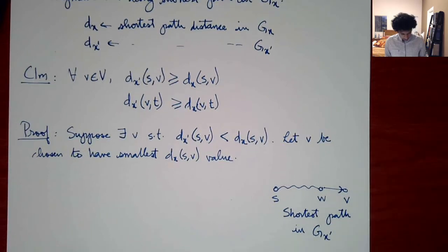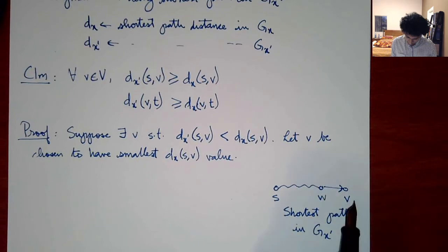So I'm just taking the shortest path in the residual network after doing the augmentation. Before the augmentation we had a picture, we did the augmentation, that gives the flow x prime, and we're looking at the shortest path to v. And so it goes through some vertex w. And w may actually just be s. It's also possible.